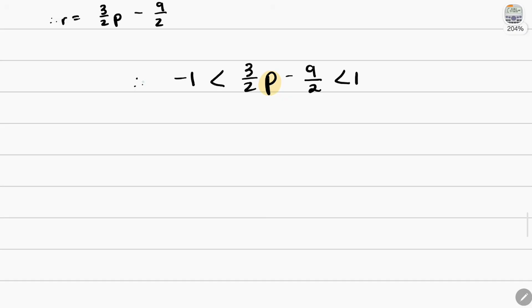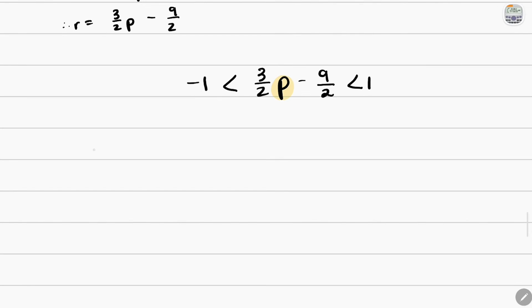We can do that by adding 9 over 2 on all sides. Remember, these are really just two inequalities. They've just been put as one since the values it was pointing at were values greater than -1 but less than 1. You see that they fall within the same section, within a common interval, really. So now we're just adding 9 over 2 on all sides.